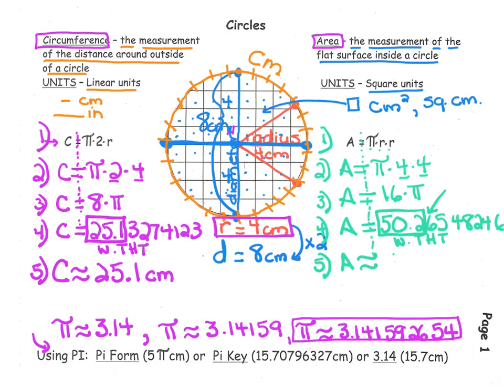You should get 50.3, and we're going to label it square centimeters, because remember, the unit we're using to measure that flat surface is a square centimeter. You can also write centimeters squared, or centimeters to the second power. This concludes the lesson on circumference and area of a circle.